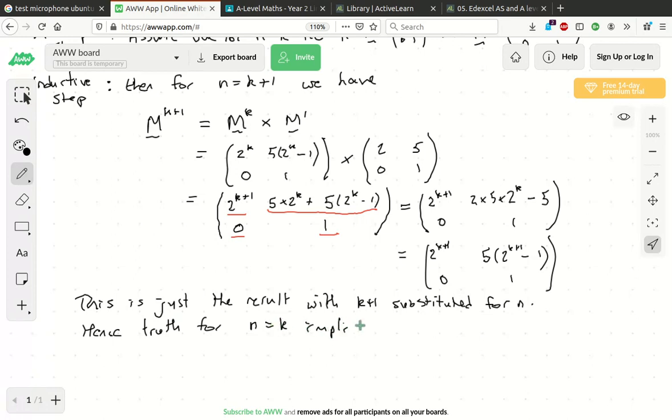I like saying it like that, because actually it's quite a quick way of writing it down. Truth for n equals k plus 1. And since it's true for n equals 1, because you've got to bring in the base case, remember, it follows it's true for all n, which are members of the naturals.